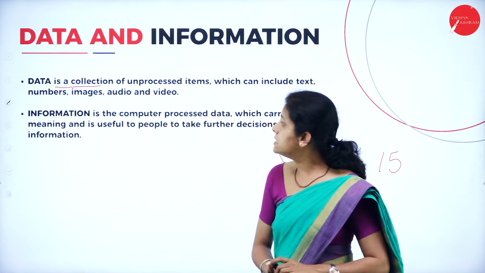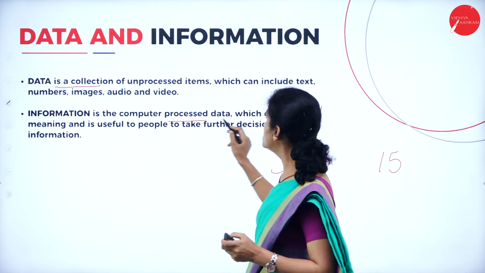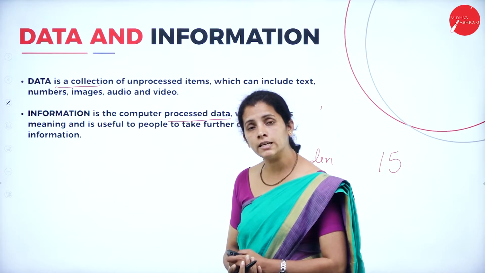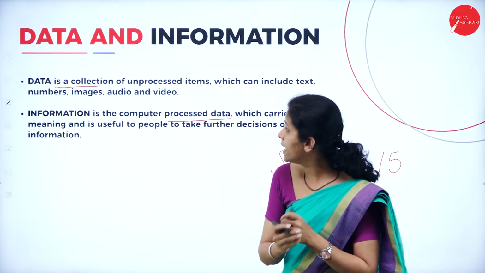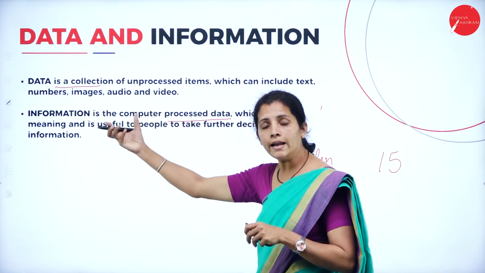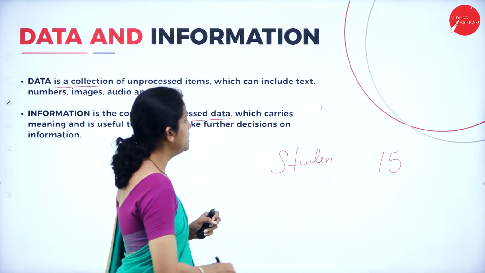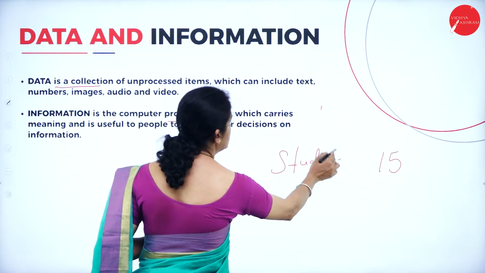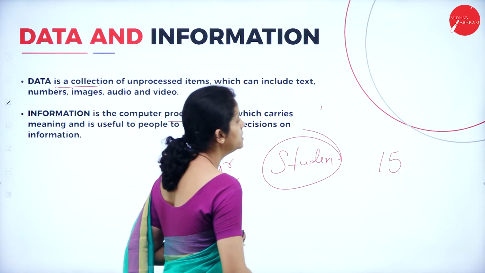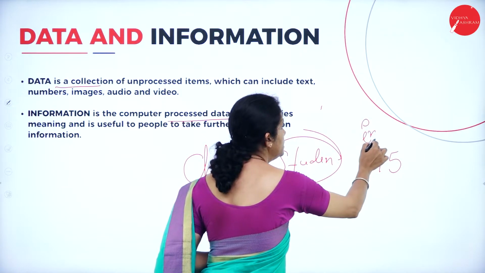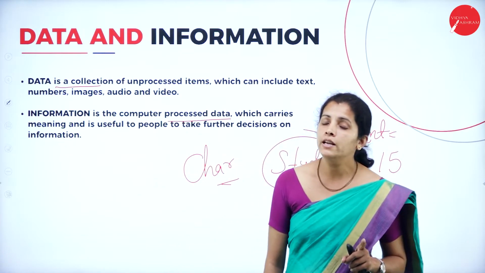But if I consider information, then information is nothing but the processed data. So what is this processed data? After executing the data, whatever output I'm going to get, that is information, and it's going to give meaningful information. For example, if I consider student, that is nothing but of type character, and 15 is nothing but the integer student number, then it's going to give meaningful information.